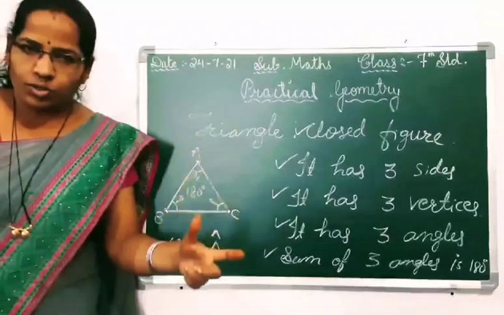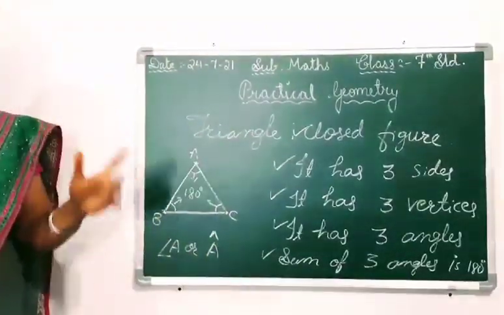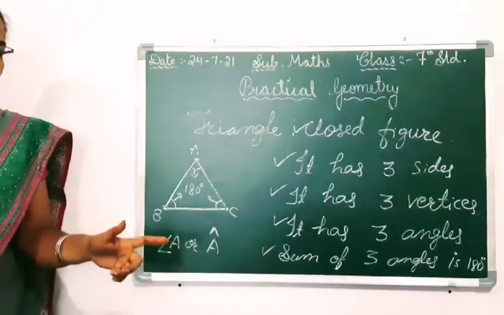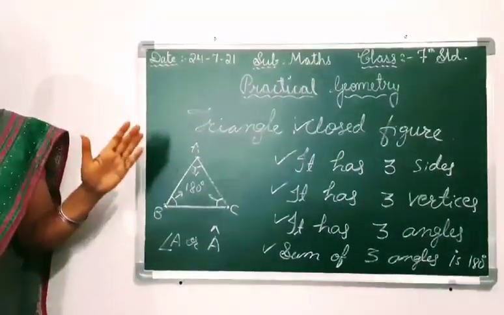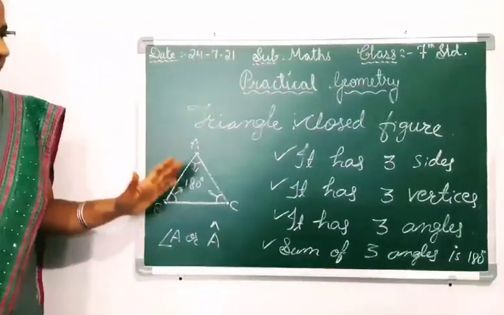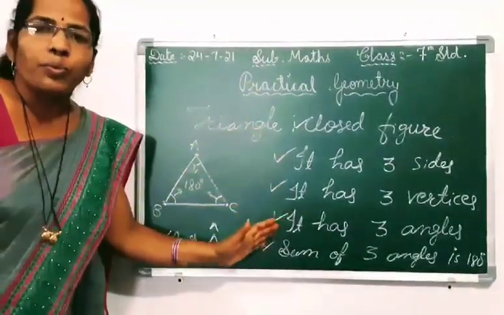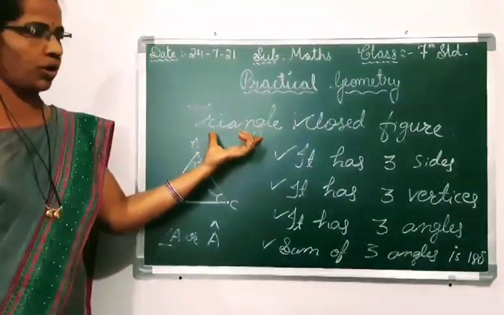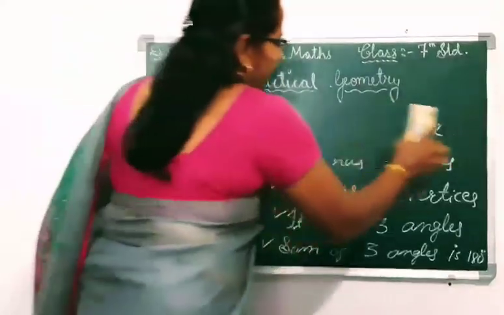A triangle is a closed figure. It has 3 sides, 3 vertices and 3 angles, and the sum of the 3 angles of a triangle is equal to 180 degrees. These are the properties of a triangle. It is one of the polygons, a 3-sided figure.